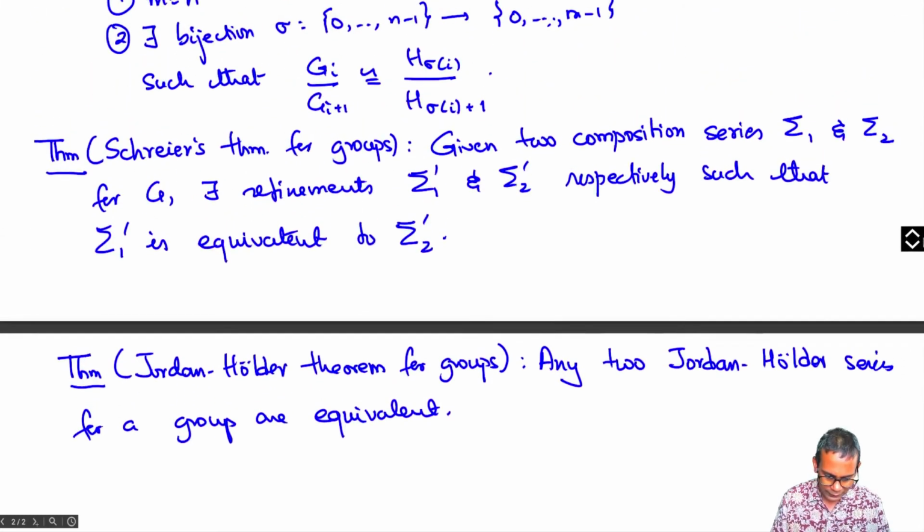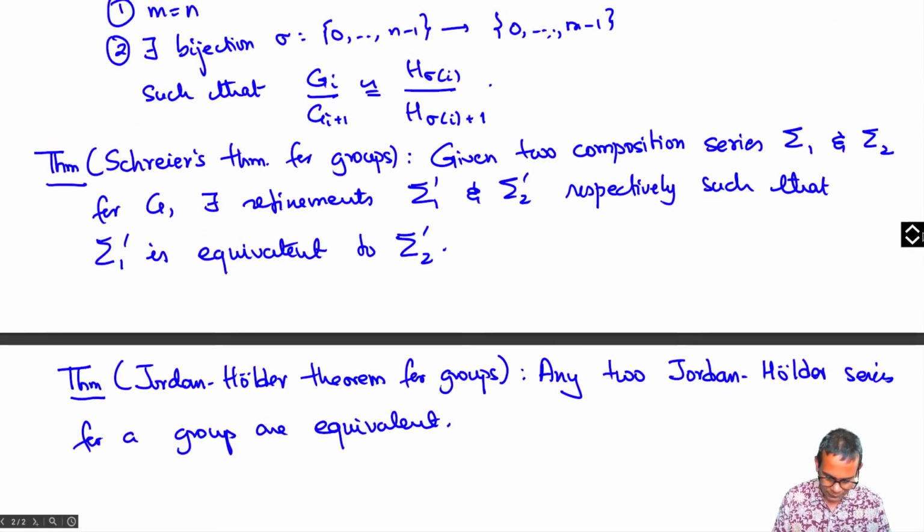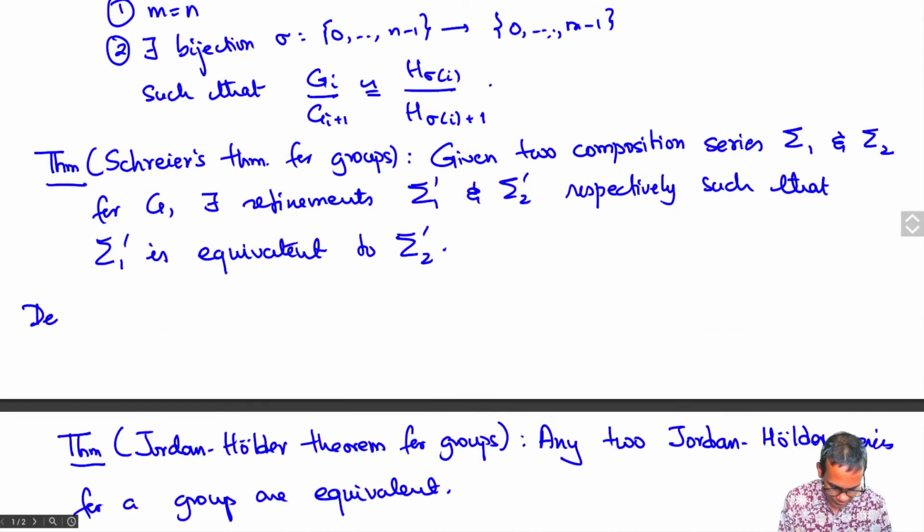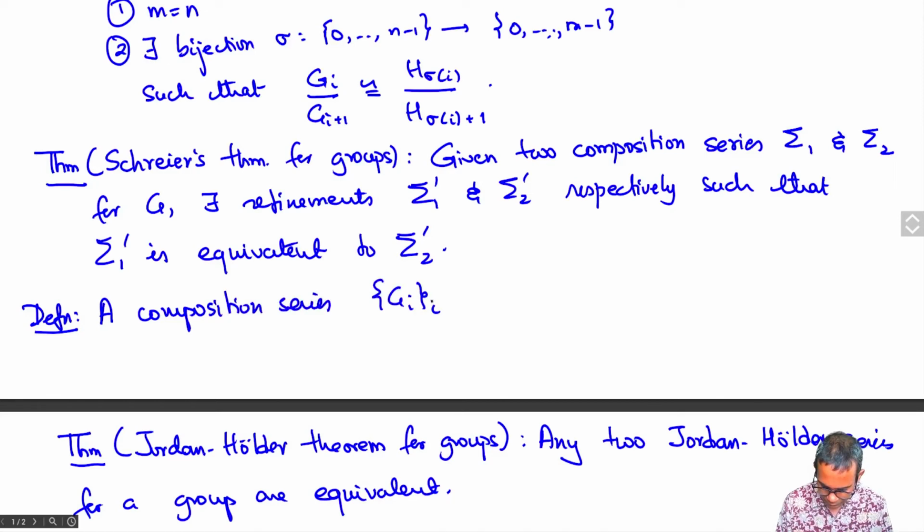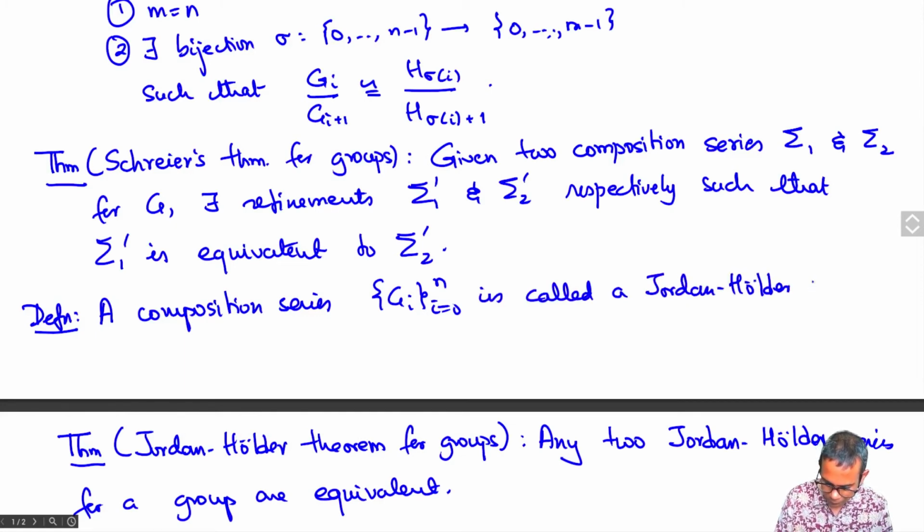Schreier's theorem. But hang on, I didn't explain to you what a Jordan-Holder series is, but I'm sure most of you can easily guess. So let's just define a composition series G_i, i goes from 0 to n, is called a Jordan-Holder series if it does not admit a strict refinement.